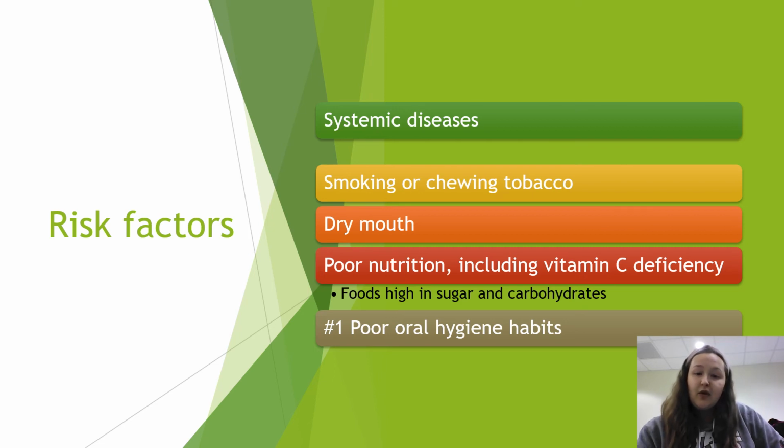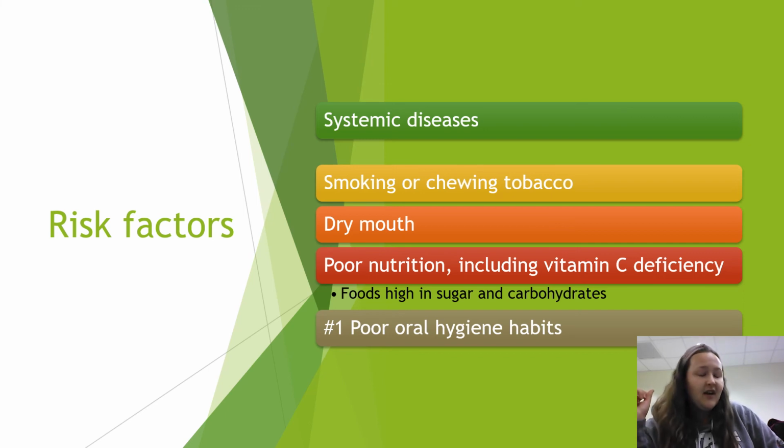If you have dry mouth, that's another one. If you have poor nutrition, this includes vitamin C. So poor nutrition, basically, if you're eating a lot of foods high in sugar and carbohydrates, so all of the things that taste good, chips and sodas and candies and everything like that.